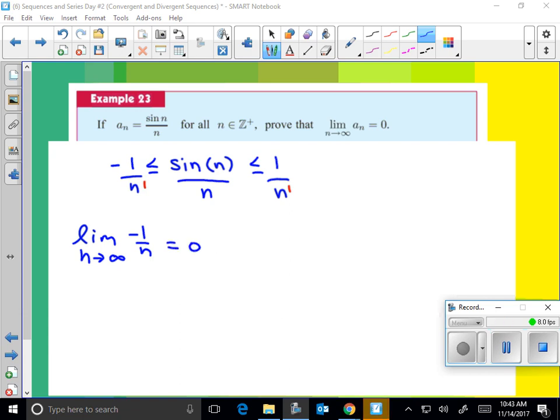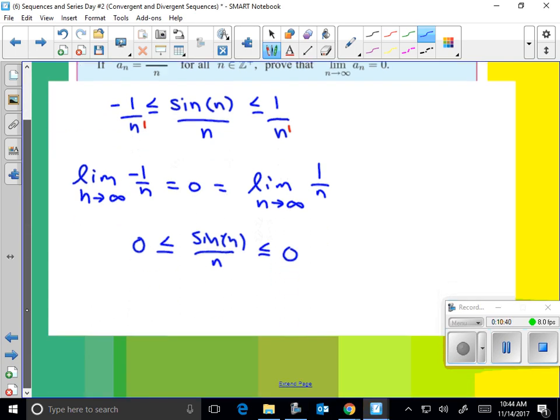So that equals 0. What do I know about the same thing on the right side? 0 by P-series. Therefore, 0 is less than or equal to sine of n over n, which is less than or equal to 0 as well. Oh, cool. Sine of n over n must converge by the squeeze theorem.